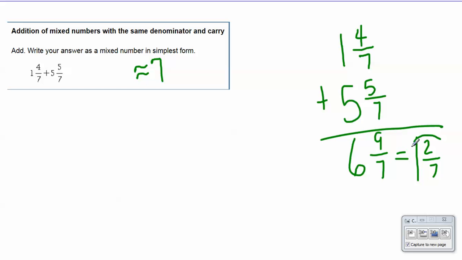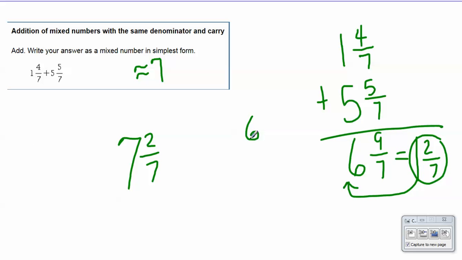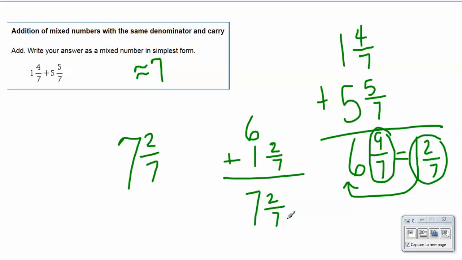I'm going to add that to my 6 to get 7 and 2 sevenths. Here's what I did. I had 6 and 9 sevenths. I changed 9 sevenths to 1 and 2 sevenths. And then I just added those two together to get 7 and 2 sevenths.